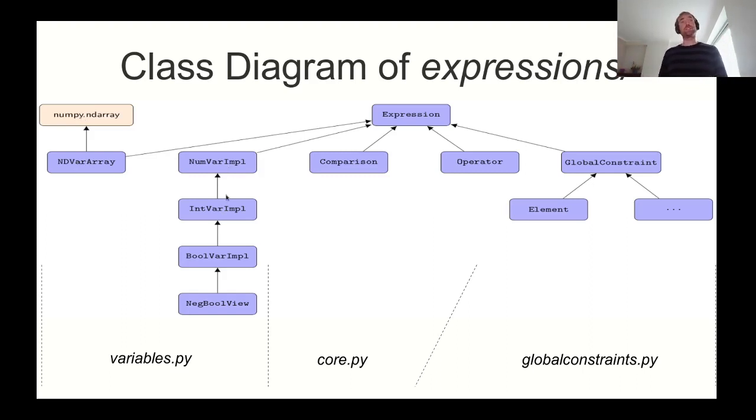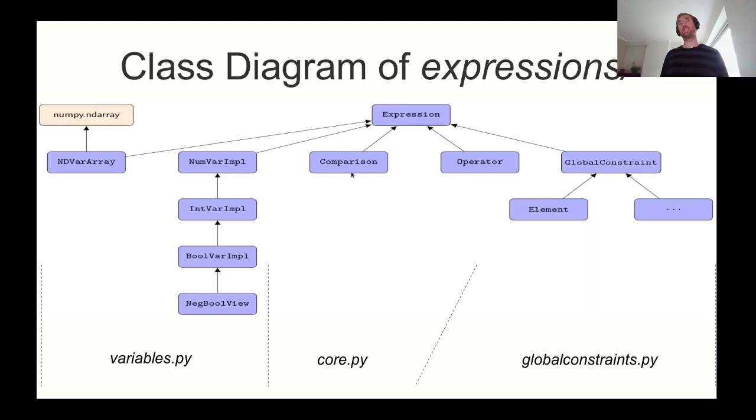Then we have classes for the individual variables, namely an individual integer variable, an individual Boolean variable, and its negation. These ones are typically hidden from the user. You don't see that they exist, but they are there, and they're all in the variables.py file.